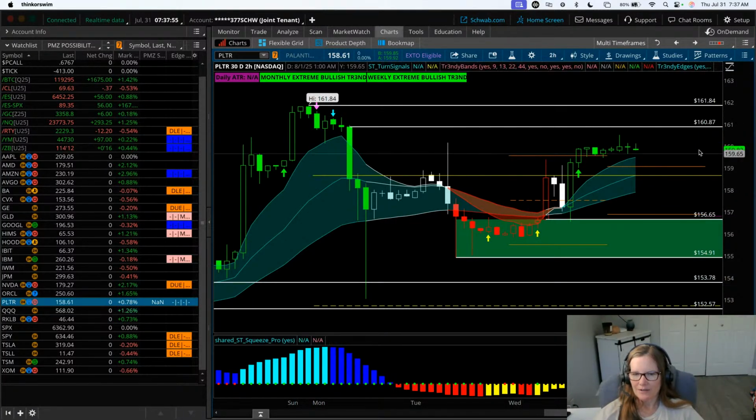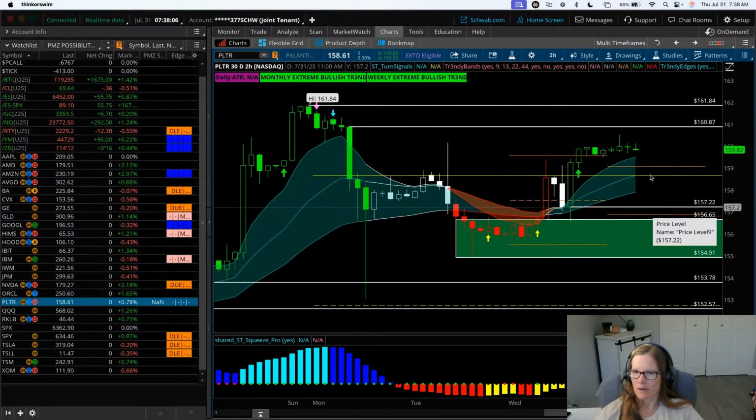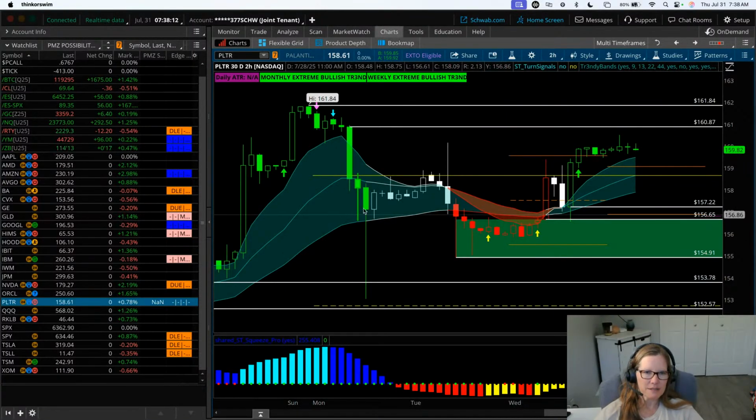It's only got about $1 to the upside there. From the downside, from the buy zone, which would now be 157.22, you got a lot more reward playing it back up, but I'm not sure if we get that dip or not. Palantir, where price is at, doesn't give me the best risk to reward, although it could rocket through it.